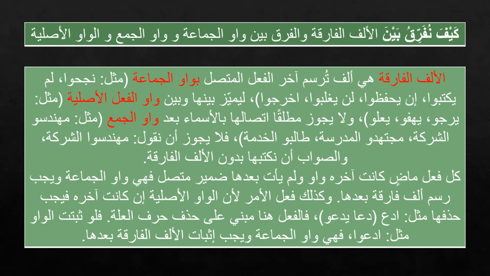So these are the few terms that we are going to learn, that is, how can we differentiate Alif Al-Fariqah and Waw Jama'a and Waw Asliya. So let's start with Alif Al-Fariqah.